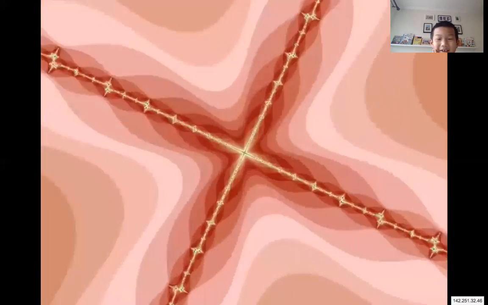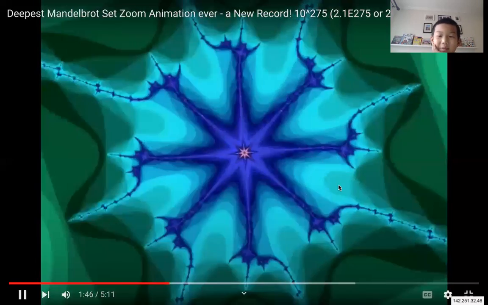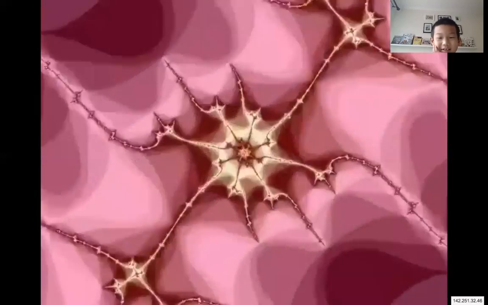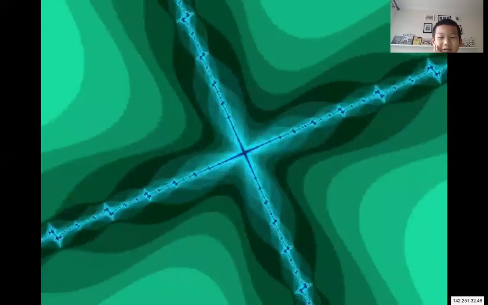Well, basically, they're going to do the same thing again. That seems weird. It looks 3D. Wait, what is this? One of those fractals I told you about earlier?